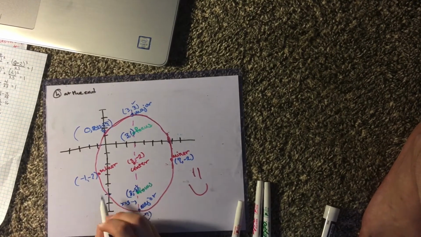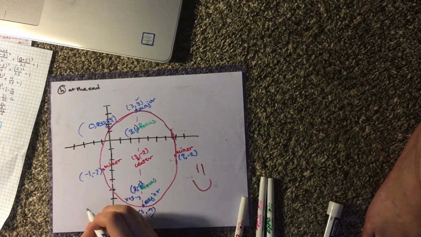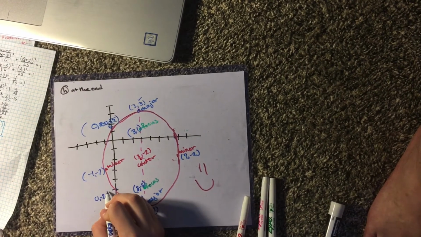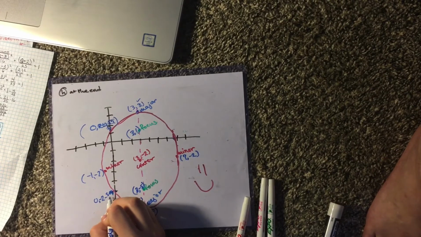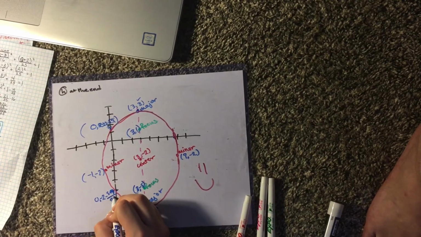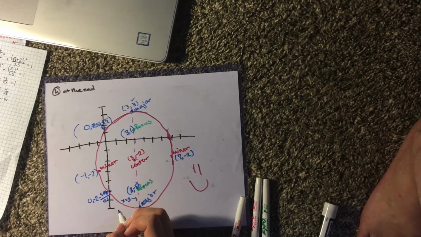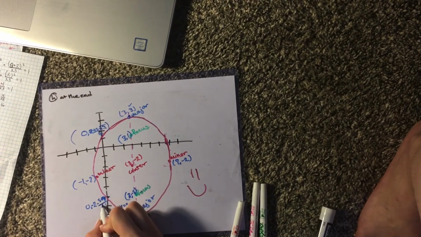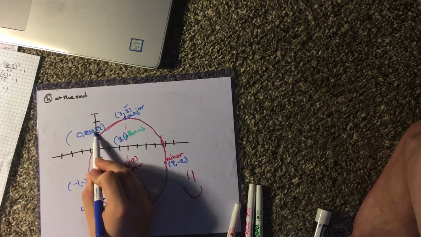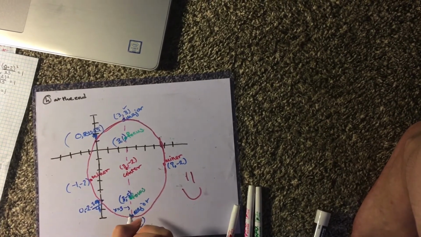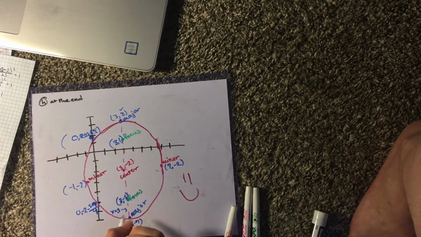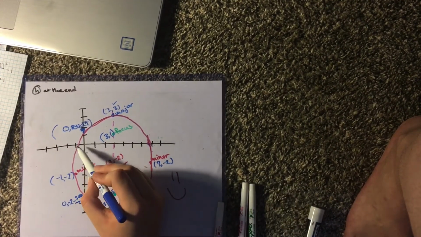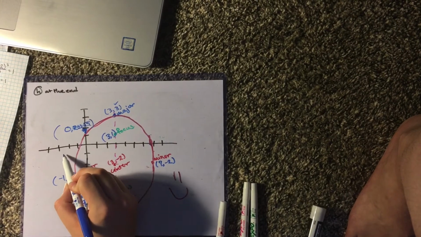This other y-intercept is going to be 0, negative 2 minus 5 square root of 7 over 21. That should actually be over 4. Whoops. I knew that. Perfect.